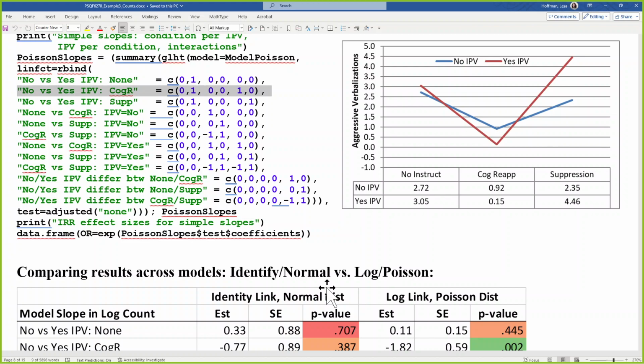I once had a person come up to me after a workshop where I showed how to do this, and she said, I just spent like all these days rerunning the same model like 90 times to get the slope for all these different groups. I'm like, I'm so sorry. But I want you to be able to do this. Linear combinations to answer different questions.